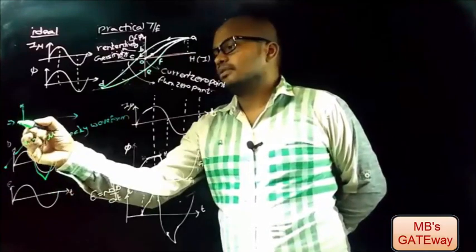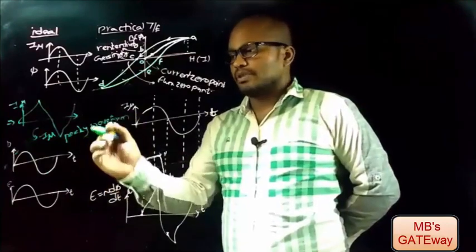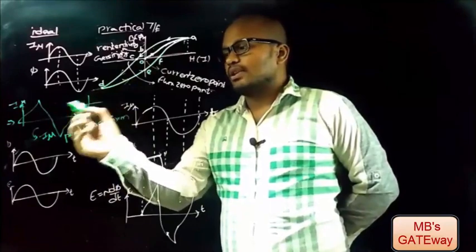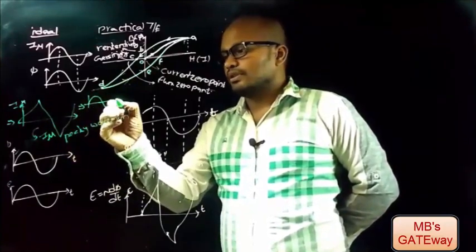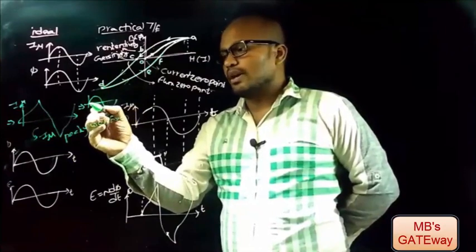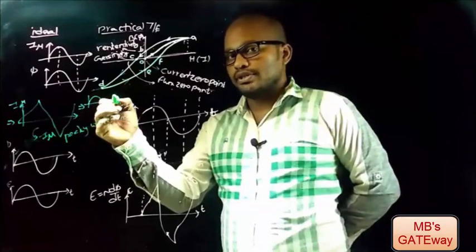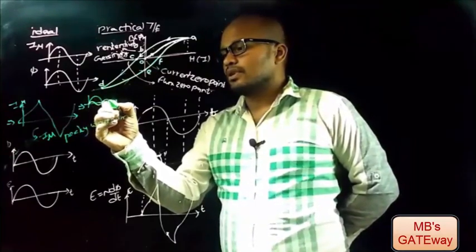Let's draw the magnetizing current. So what's happening within the transformer means, from Fourier analysis it is seen that a non-sinusoidal waveform can be represented with a pure sinusoidal waveform and harmonics, and the dominant harmonic is third order harmonic. So let us consider the third order harmonic.